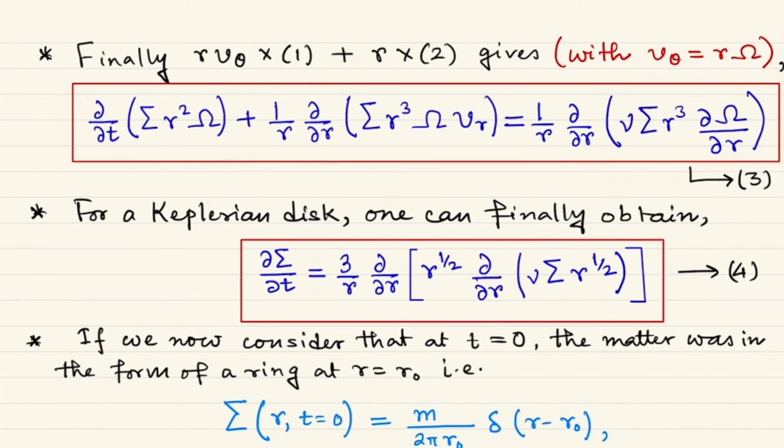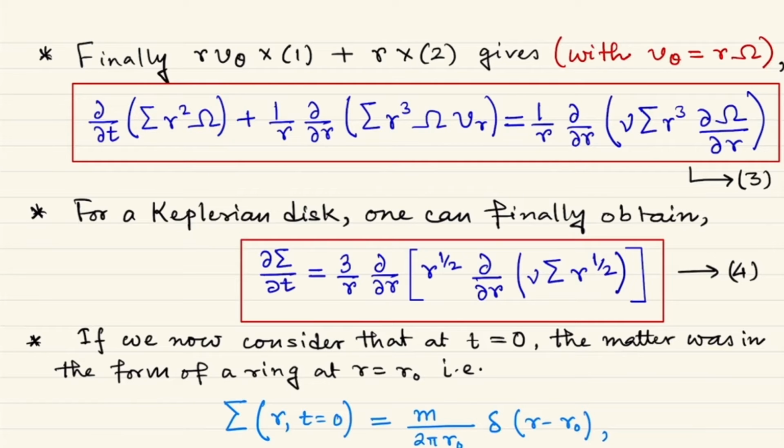So that's exactly what I said here. If you do r v theta times 1 and r times 2 and you sum them up, you will have del t of sigma times r square omega. And what is this?